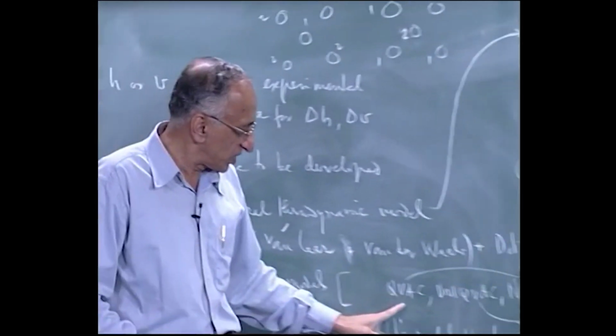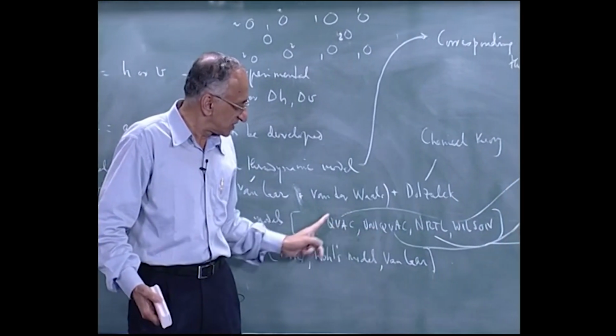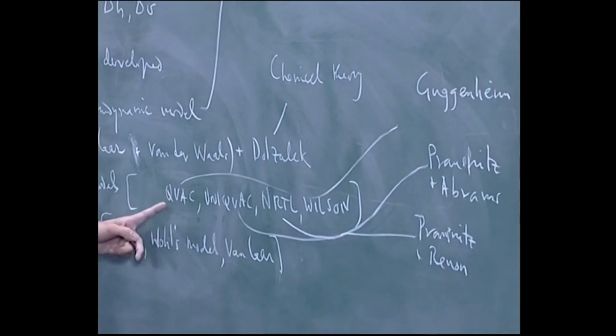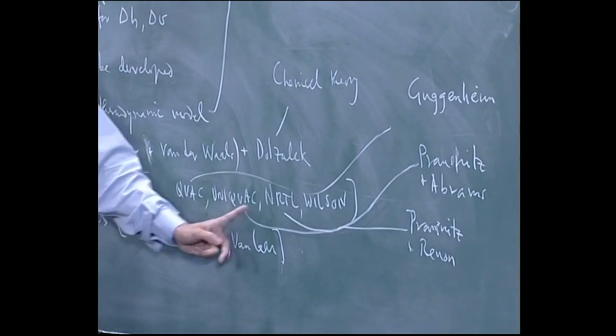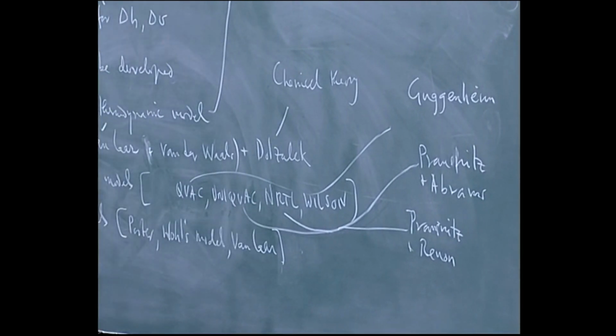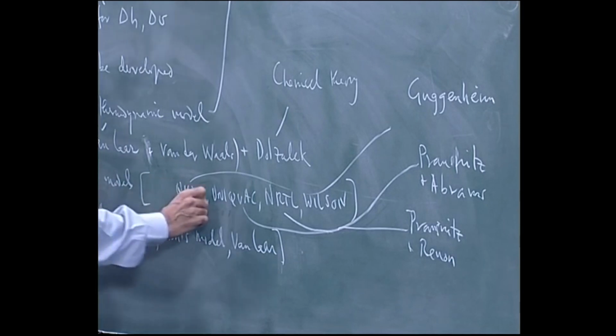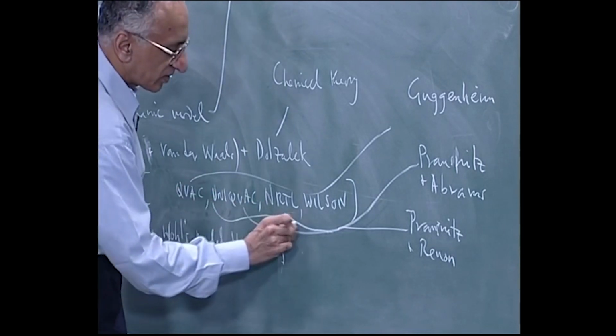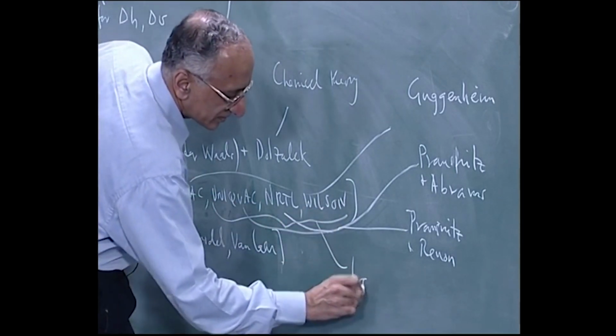This does not quite come under local composition, it was derived before Wilson's theory, but UNIQUAC and NRTL come under local composition theories. So these 3 are called local composition theories.